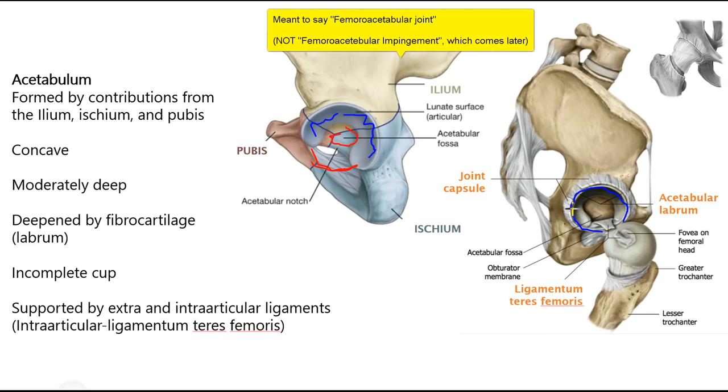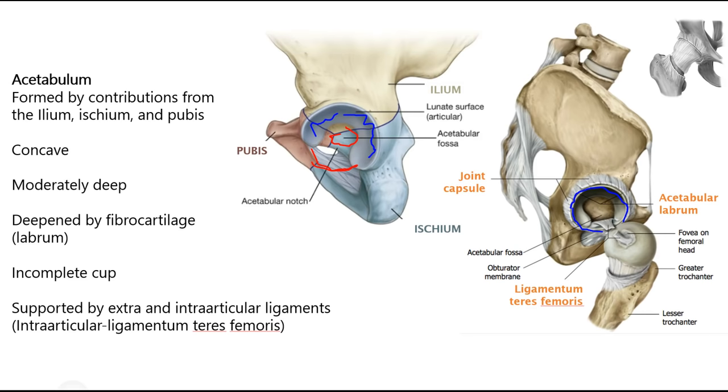The hip joint, or femoroacetabular joint, is a synovial joint surrounded by a joint capsule which is lined with synovium. Here we can see that joint capsule just outside the labrum in this area. And again, this is lined with synovium, called a synovial lining, which ultimately produces synovial fluid.